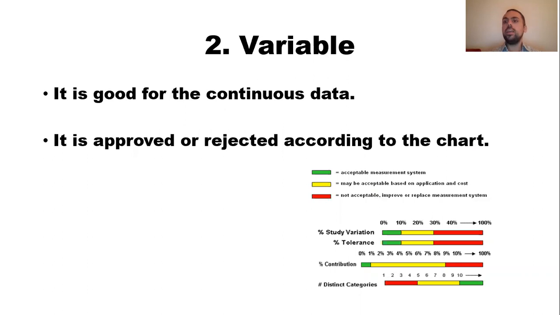But if our data is continuous, meaning it might be between two numbers, it's a variable. We should pay attention that with the variable type, we need to examine the result according to the chart, which we talk about later.